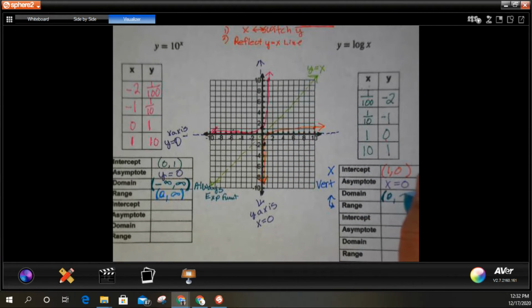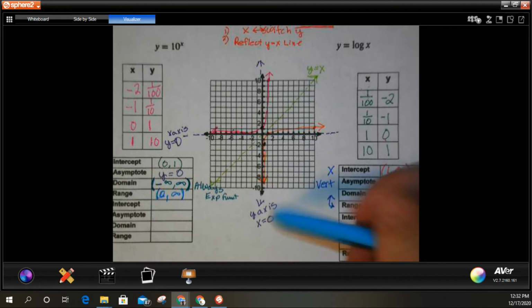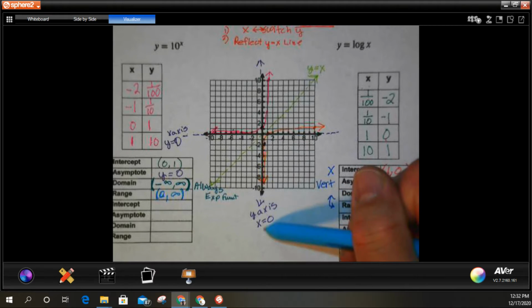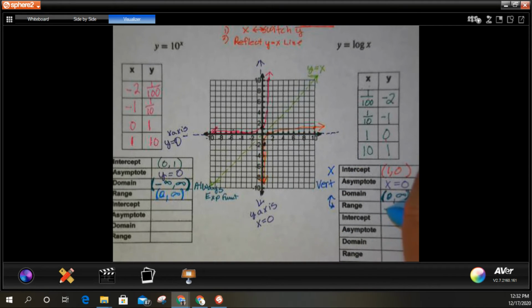Okay, my range. As my smallest y value that my function goes to is negative infinity. Oops, I was going to put 8. Negative infinity.